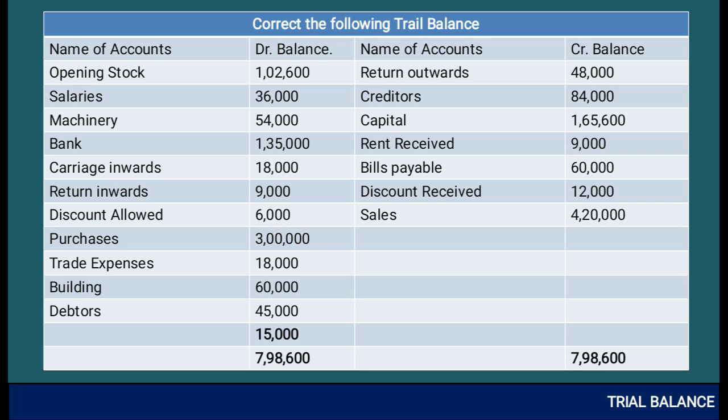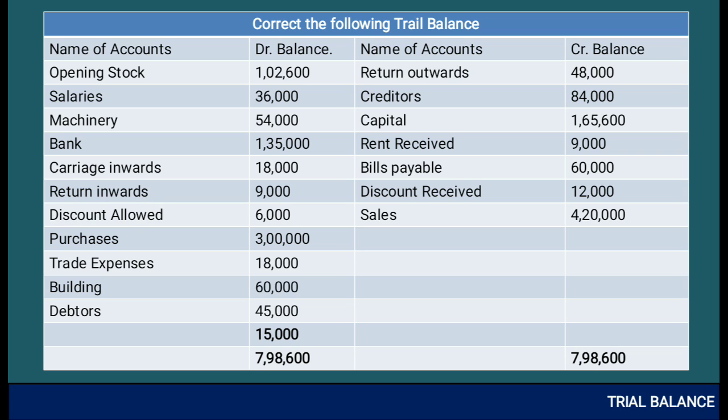So that's why we have written 15,000 in the debit side, by which we can make them balanced. There is a difference of 15,000 and this balancing figure will be considered as suspense account. Suspense account is a temporary account. In the next session, whenever you come to know what was the actual reason behind the difference, you can rectify it in the upcoming years.